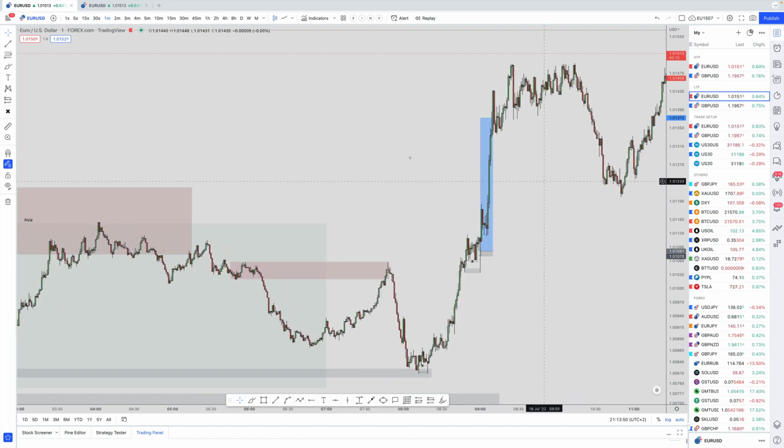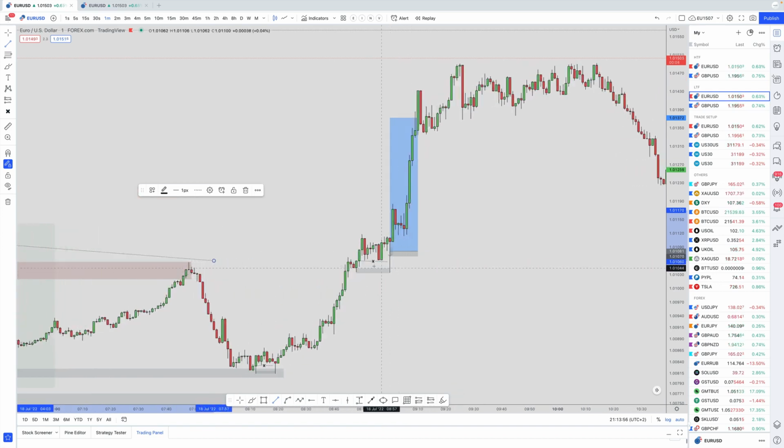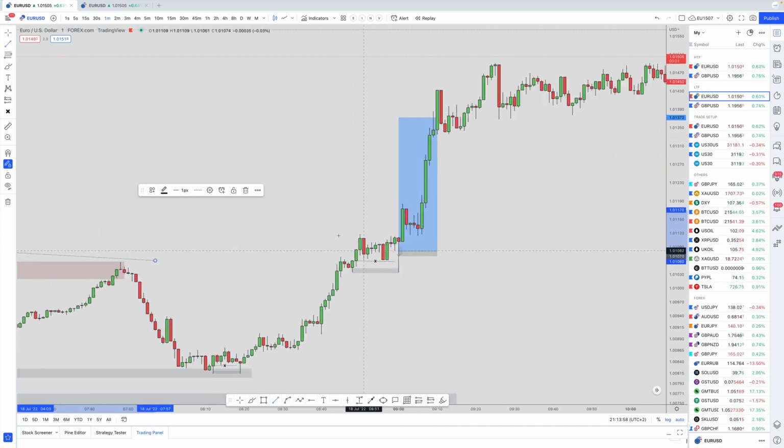So we understood we are above Asia high. We understand this whole thing here is just pure liquidity. And what I always tell you is to look at how the opening will come into play. Like always, the 5 minutes before the opening will tell you everything.